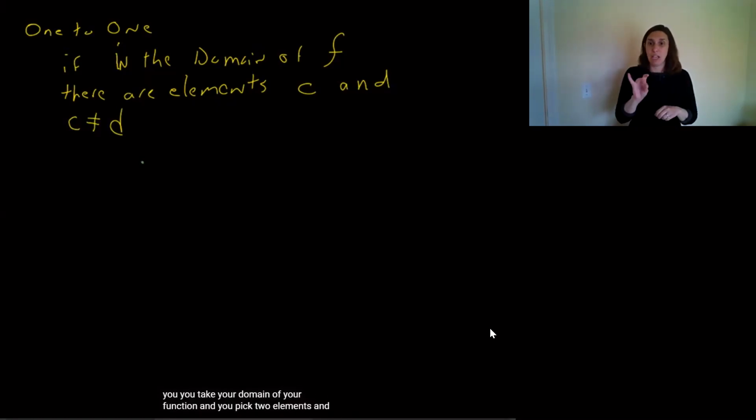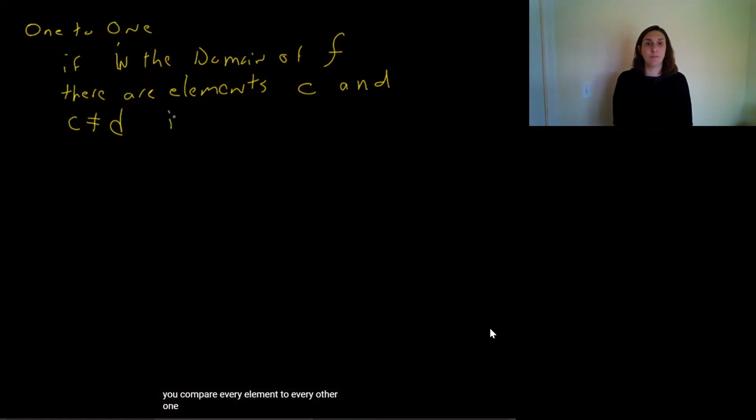And you have to do this for every element. You compare every element to every other one, such that the value of f of c does not equal the value of f of d.